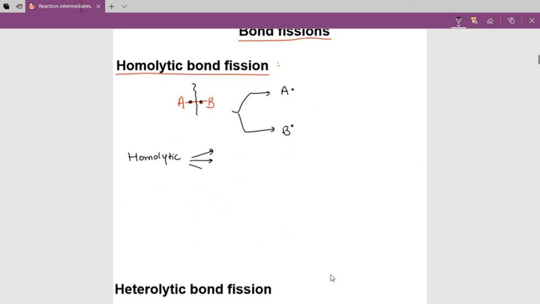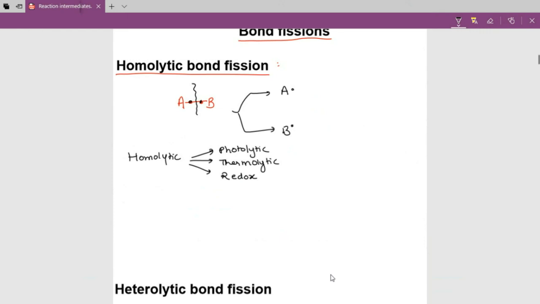Homolytic fission can be achieved with the help of photons, then it is called photolytic, by heat, then it is called thermolytic, or by some redox.